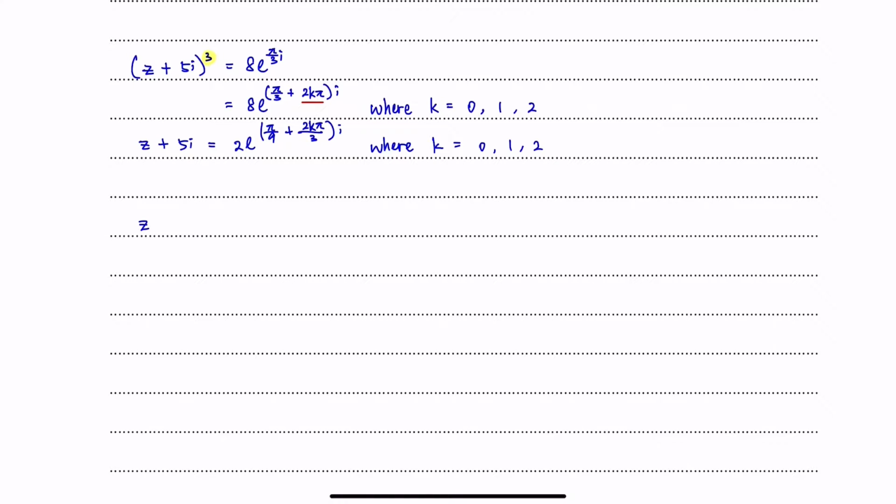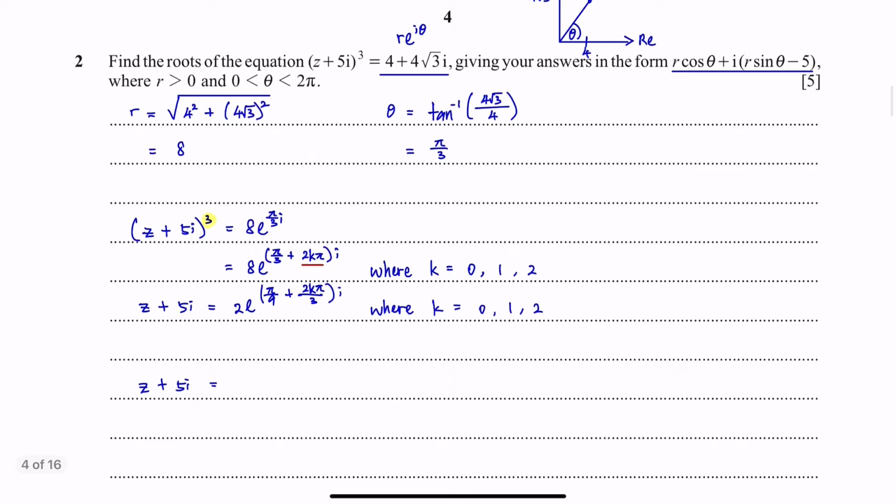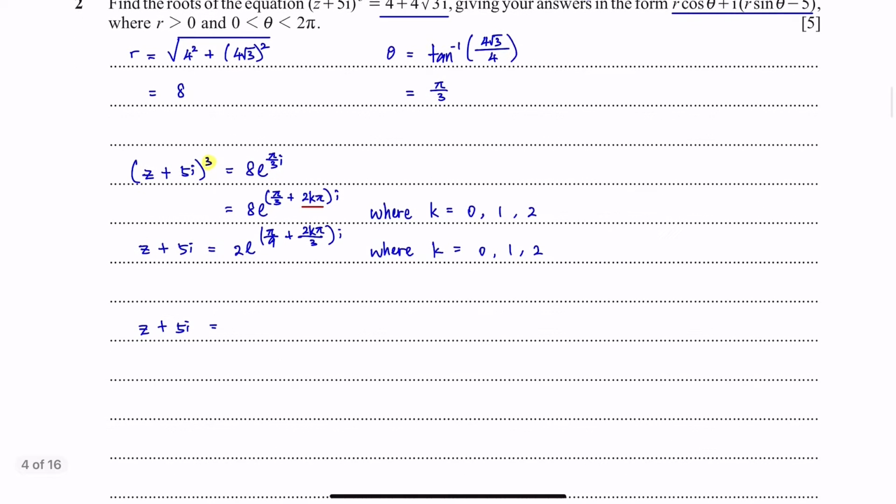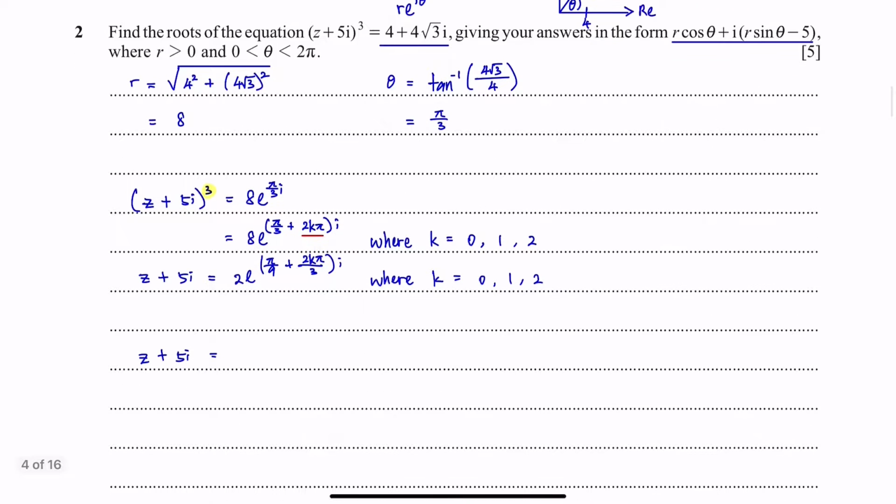So the first root for z plus 5i, now we can change it back to this form. To change it back to this form, the r here is just this number, and the theta here will be the angle here.